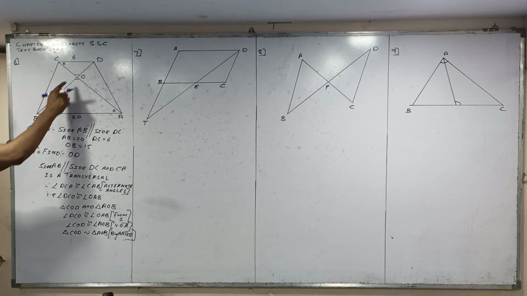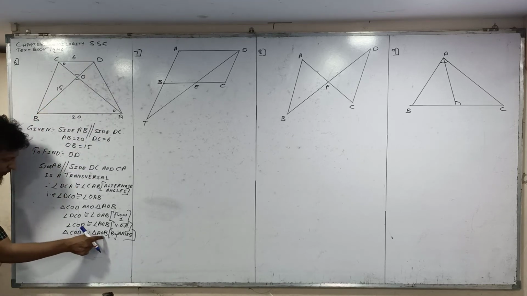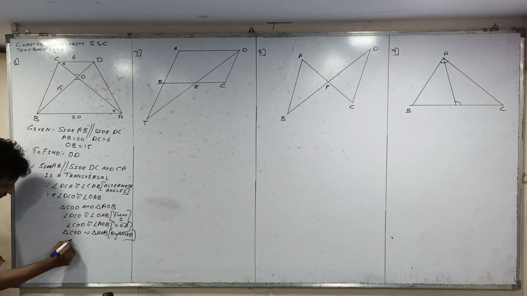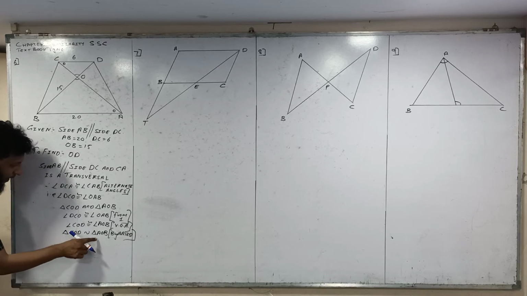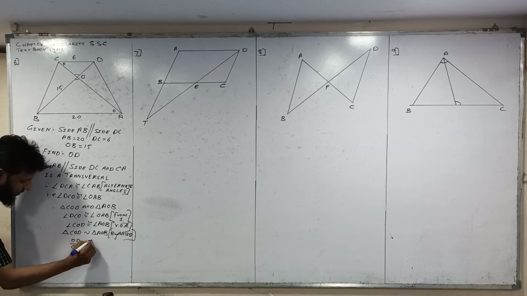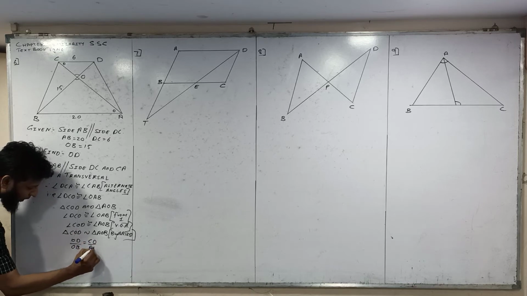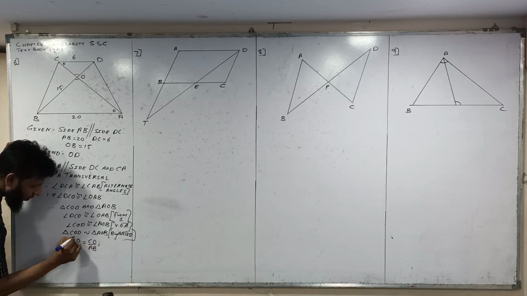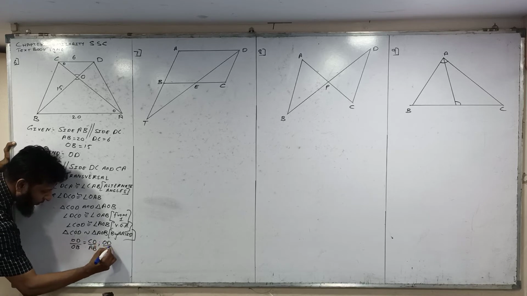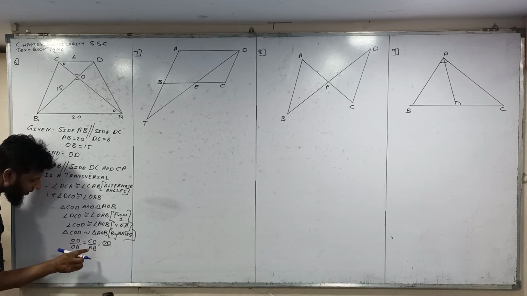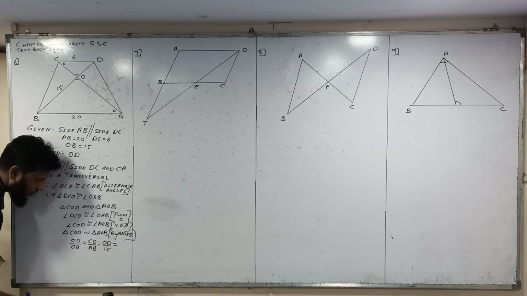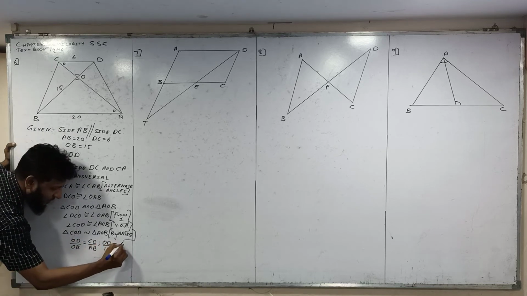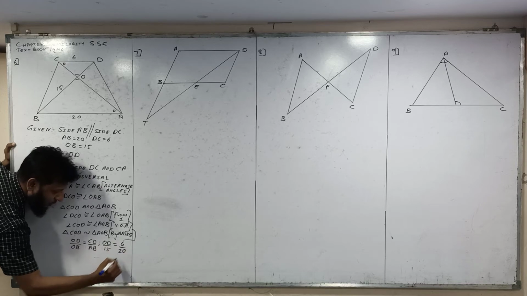So OD is proportional to OB, and CD upon AB. The OD value we don't know; OB is 15, equal to CD, which is 6, upon AB, which is 20.